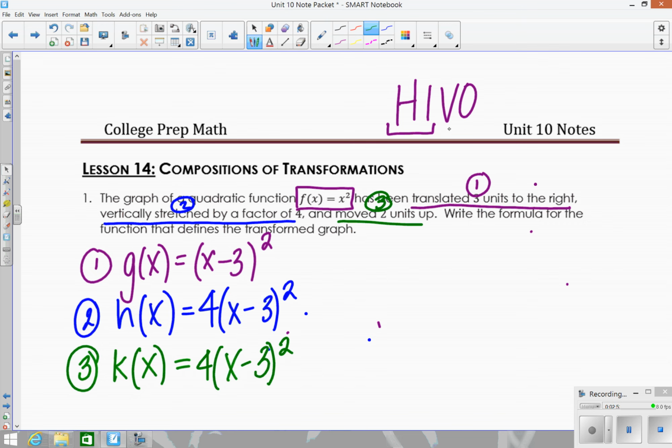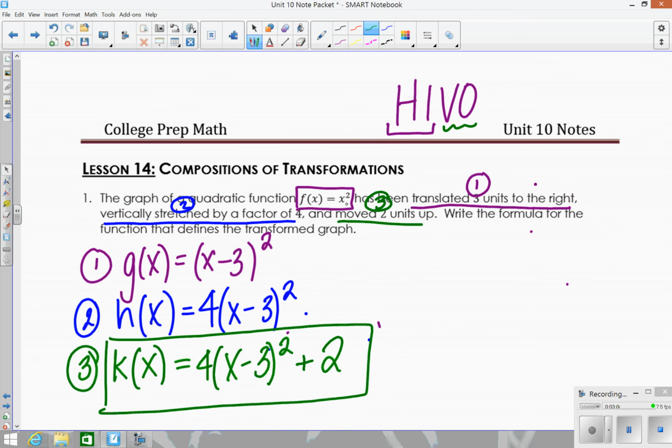So up is vertical, outside, and you do what you think for vertical. So it would be +2, makes sense to go up. And this would be my new function. So I took the parent function, I did these 3 things, and this would be the equation of this new graph, or of this new function.